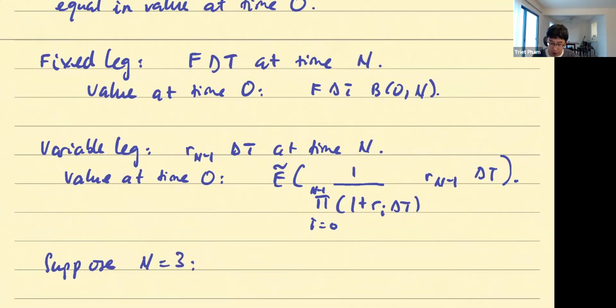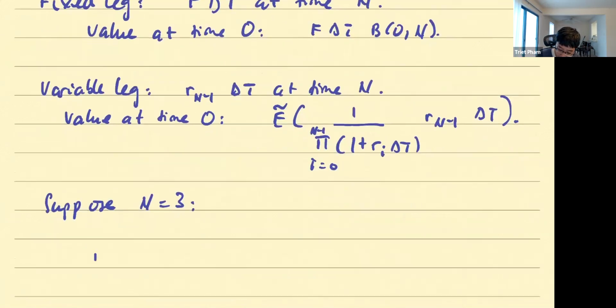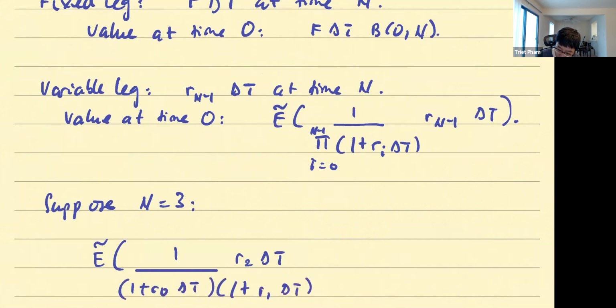Suppose n equals 3. This calculation says you want to take the risk neutral expectation of R2 delta t, and the discount factor is 1 plus R0 delta t, 1 plus R1 delta t, 1 plus R2 delta t, like that.